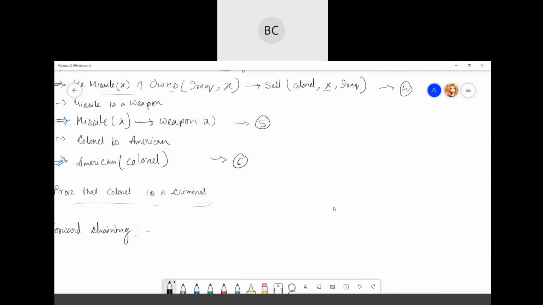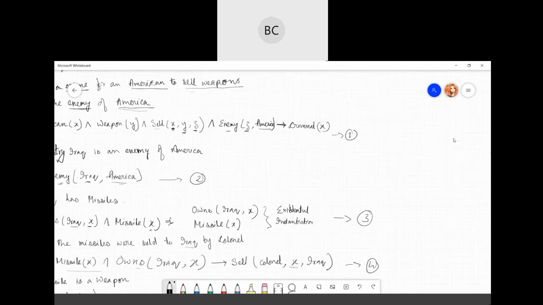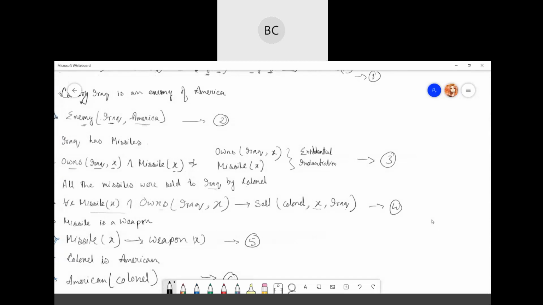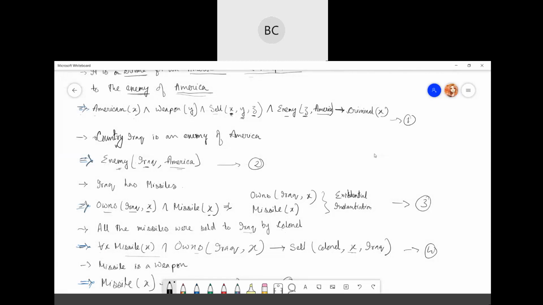Here we see what the implications are on the right-hand side. Then we try to use all the facts on the left-hand side to deduce the right-hand side. So what is our initial state?